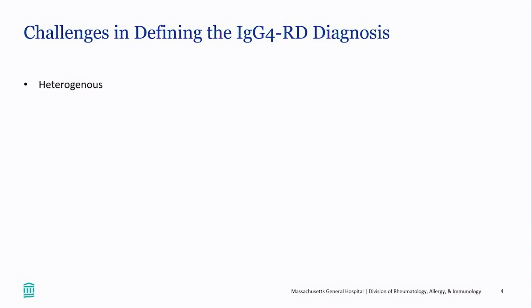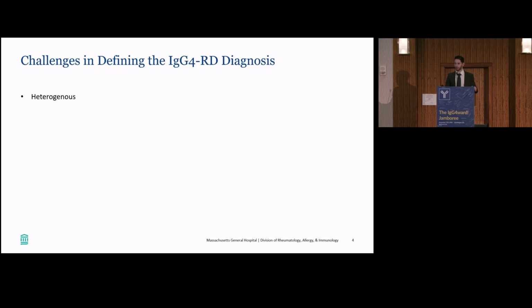For one thing, it's a very heterogeneous disease. And this, by the way, applies to all autoimmune diseases, and we have similar challenges in just about every other autoimmune disease. But these things are certainly true in IgG4-related disease. So it's very heterogeneous. The way that one patient presents is going to be different from how the patient next to them is going to present.